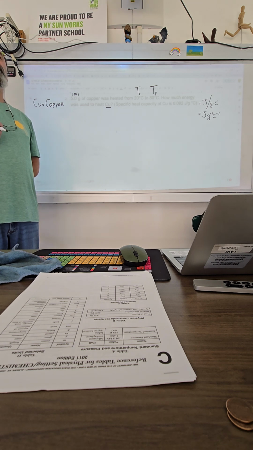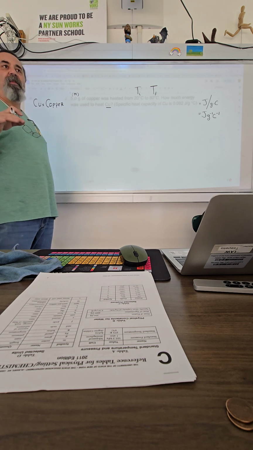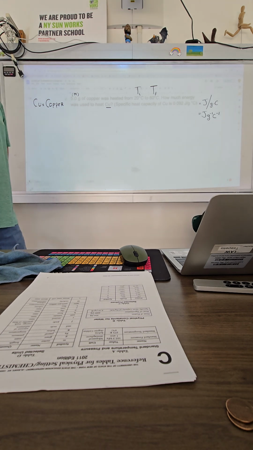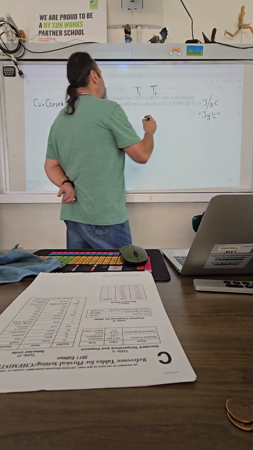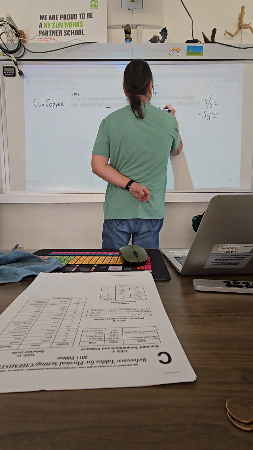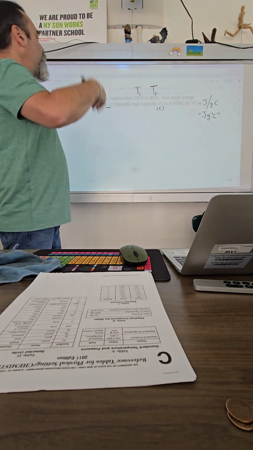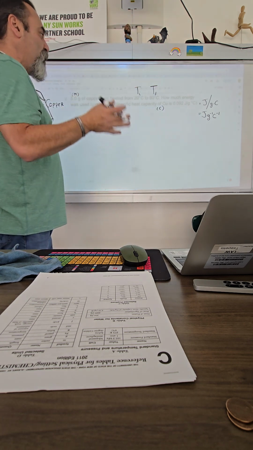That's C, very good. Did you see how you figured that out? It's all there for you. You don't have to memorize it, you just have to know where it is. So I'm looking for the specific heat capacity, so I'm going to put the letter C there, not to be confused with a large C for Celsius, so we have to be a little careful.